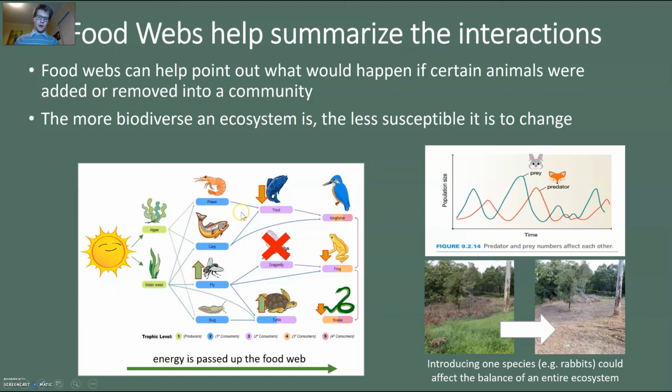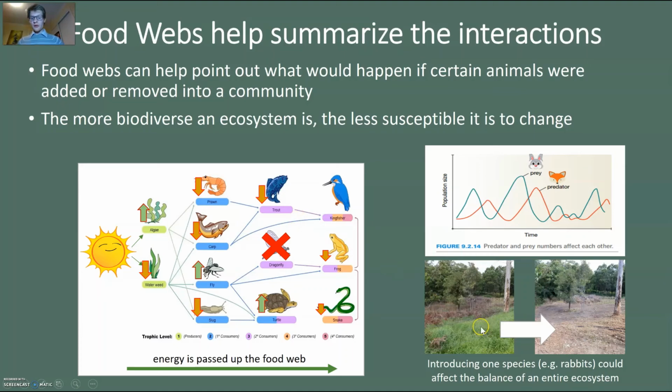The kingfisher will be alright because they'll still be eating these, but there'll be less trout now, which means there'll be less of these, which means there'll be more of these. You get the picture. Food webs help point out the predators and prey, and how when you take out a predator, that affects the prey numbers.